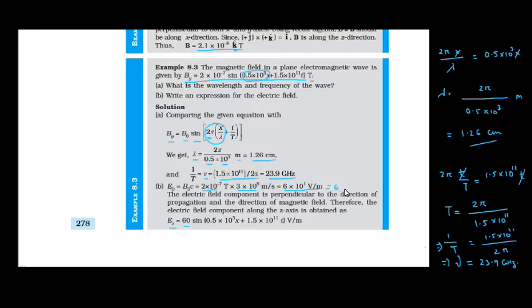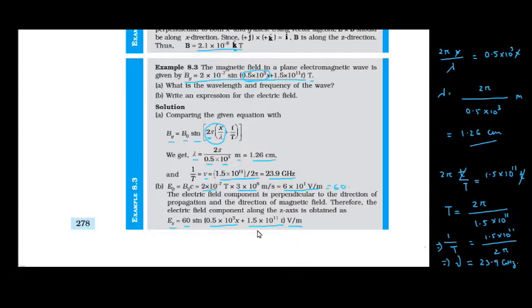This is equal to 60. And 0.5 into 10 to the power 3 x is already given in the equation here, plus 1.5 into 10 to the power 11 t is also given here in this equation, and volt per meter. This is the equation of the electric field, and that's it.